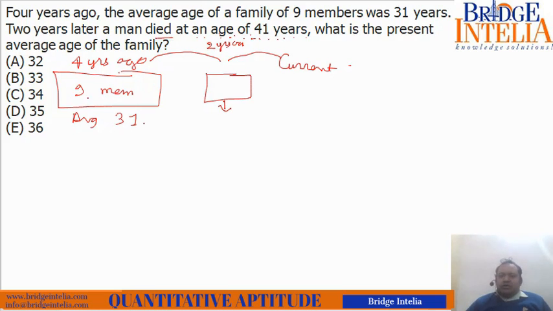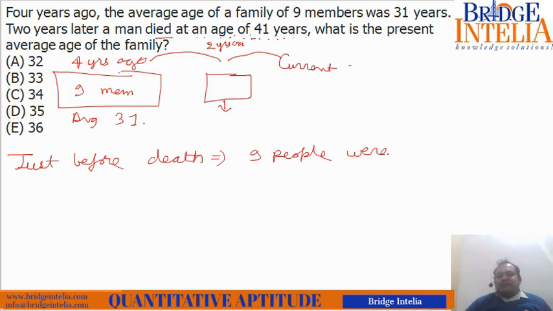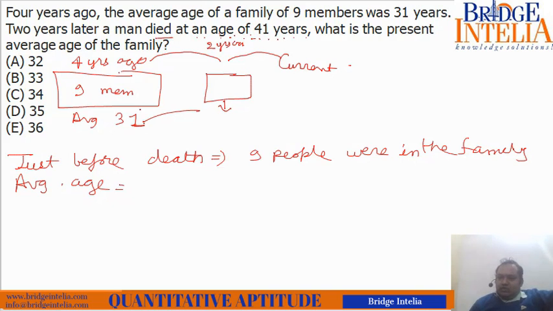So 2 years ago, the number of family members reduced by 1. Just before death, 9 people were in the family, and their average age was 33, because 31 was the average 4 years ago, and death took place 2 years after that.